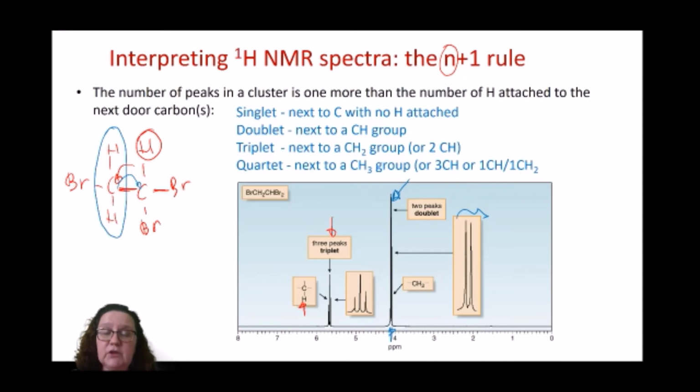The splitting of the peak tells us information about the hydrogens in the neighboring carbons. So we not only have information about that particular hydrogen, but also the ones in the adjacent carbons.